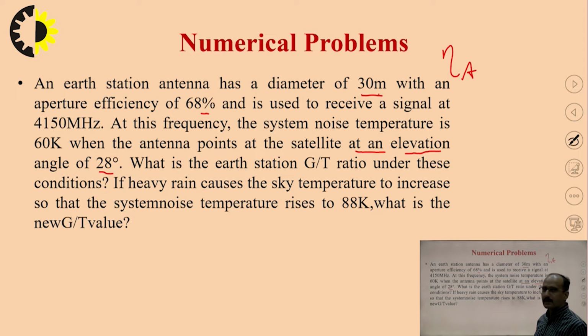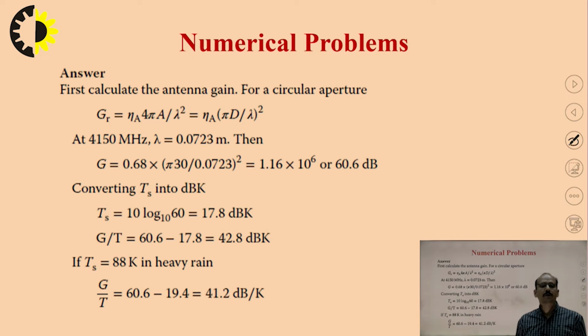What is the earth station G by T ratio under these conditions? The next part of this numerical is: if heavy rain causes the sky temperature to increase so that the system noise temperature rises from 60 Kelvin to 88 Kelvin, what is the new G by T ratio? All the other values are given. So how are we going to do that? As you have eta A, first of all you have to calculate the receiver gain.